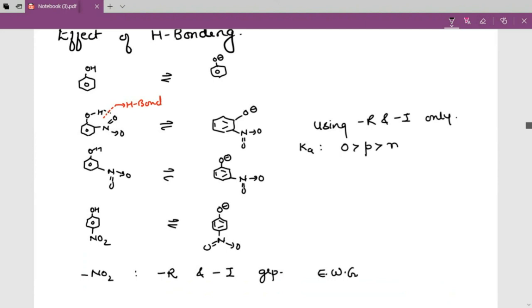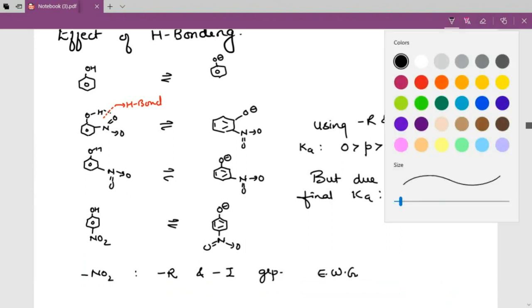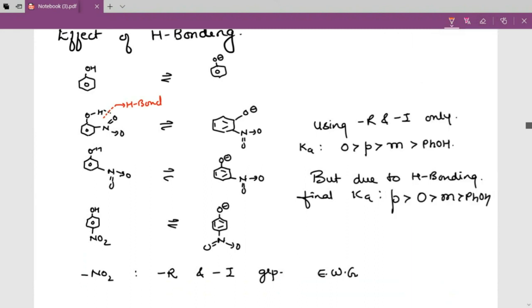Then in meta at least I have minus I, and in phenol I have nothing. But due to H bonding, the final Ka order will be para, ortho, meta, phenol. Okay, final order will be this.